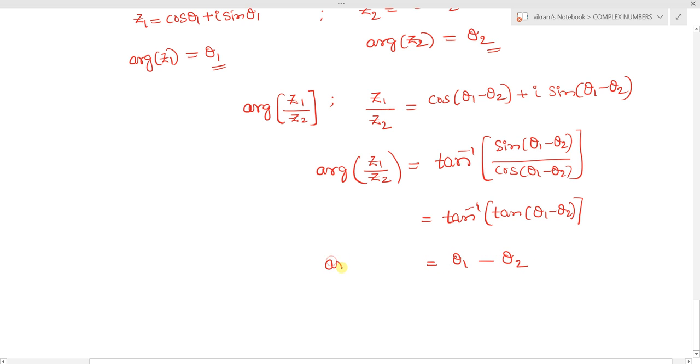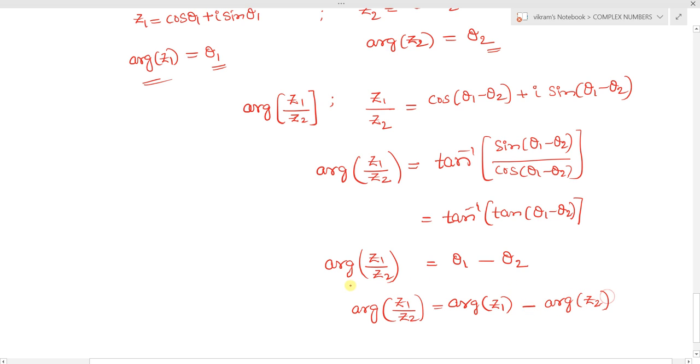So finally the argument of z1 by z2 equals theta 1, the argument of z1, minus the argument of z2.